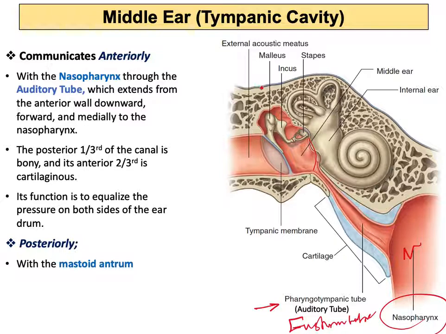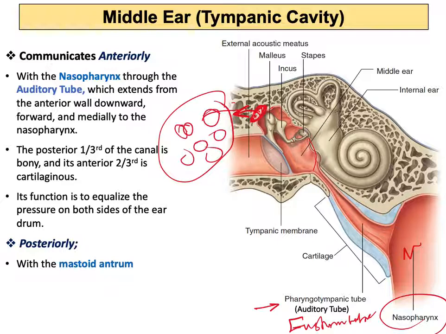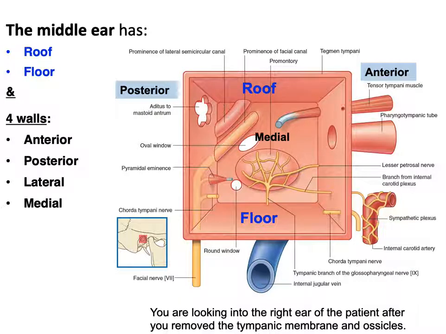Now, posteriorly, it communicates with the mastoid antrum, with the mastoid air cells from here, right? So there's an opening and there are mastoid air cells here in the mastoid process. So it communicates with it.